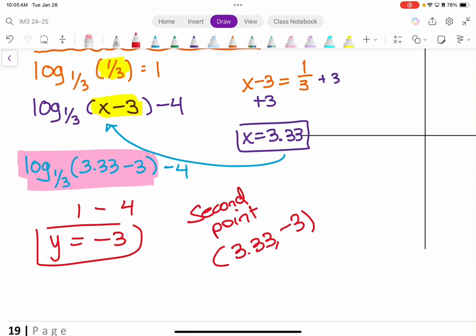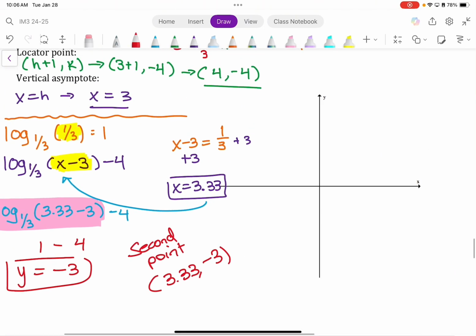Now we have everything, so we can graph this. First, an asymptote through x equals 3. Next, a point through 4 and -4.